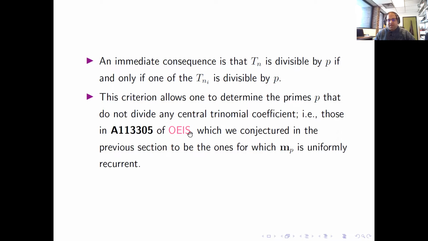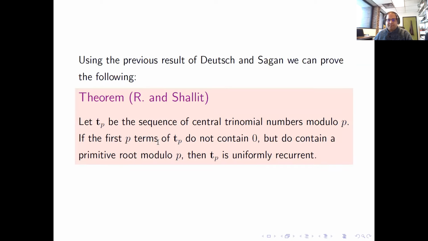So we can compute the primes that appear in this sequence, A113305 of the online encyclopedia. This was the sequence that I showed you before of the primes that do not divide any central trinomial coefficient. They're the ones for which we conjecture M sub p has the mod 5 behavior, the uniform recurrence behavior. So here's something we can prove using that Deutsch-Sagan congruence.